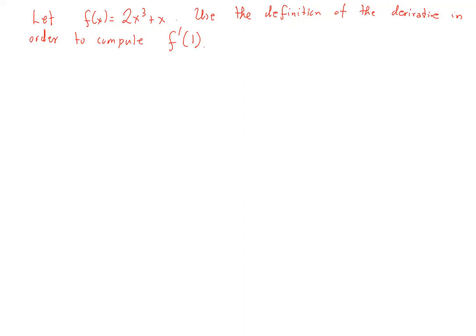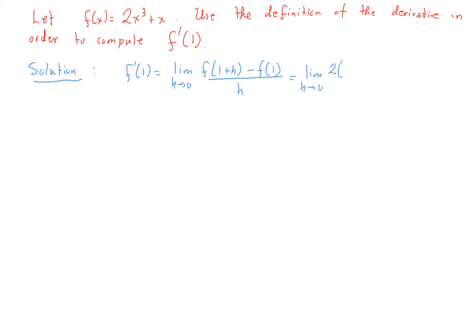So our solution here will consist in writing the other limit. So we will have that f prime of 1. Let's see what the definition is going to be. It will be the limit as h tends to 0 of f of 1 plus h minus f of 1 divided by h. And this is what? This is the limit as h tends to 0 of, now, wherever we see x, we have to put 1 plus h.